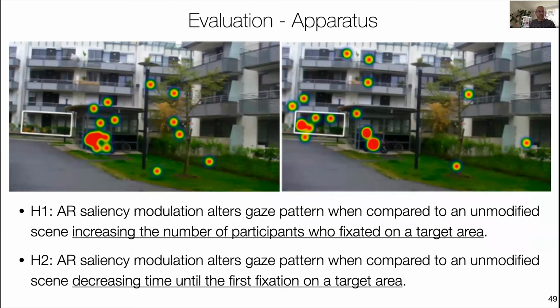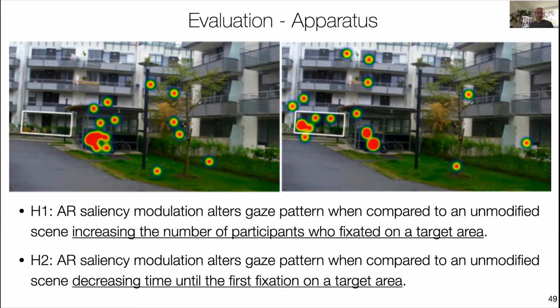And we had different hypotheses that we wanted to have answered in user studies. The first one was that with our augmented reality saliency modulation, we can alter the gaze pattern when compared to an unmodified scene. We wanted to measure that by counting the number of fixations in the target areas.